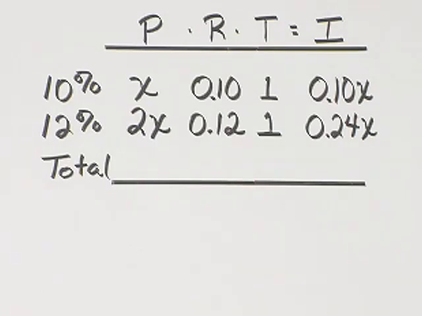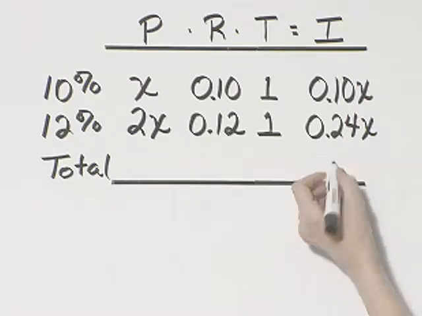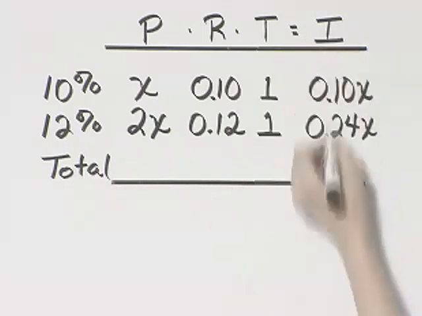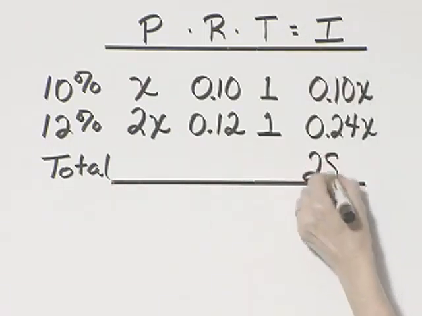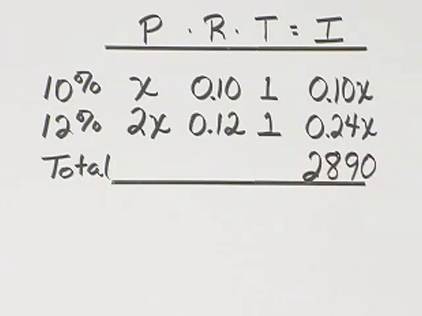The answer is yes. The total amount returned, or the total interest, we could say, is $2,890. That is total interest, $2,890. Can you think of a way of translating to an equation?